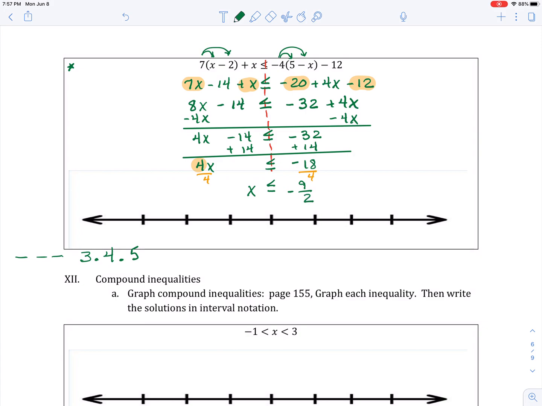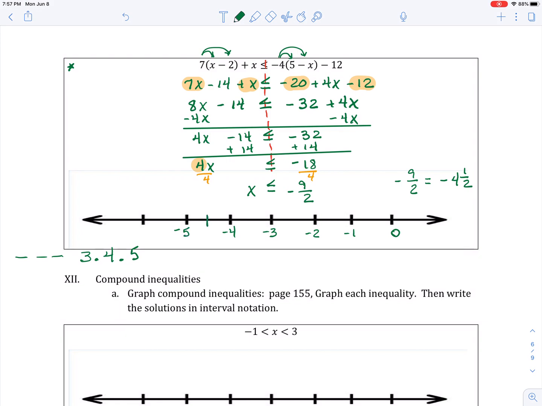Now, in order to put this on a number line, you might need to think through the fact that negative 9 over 2 is the same as negative 4 and 1/2. So let's see, if this is 0, this is negative 1, this is negative 2, this is negative 3, this is negative 4, this is negative 5.